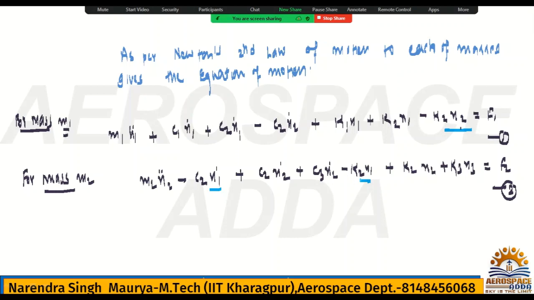Both depend on each other: the motion of m1 is influenced by the motion of m2, and vice versa.